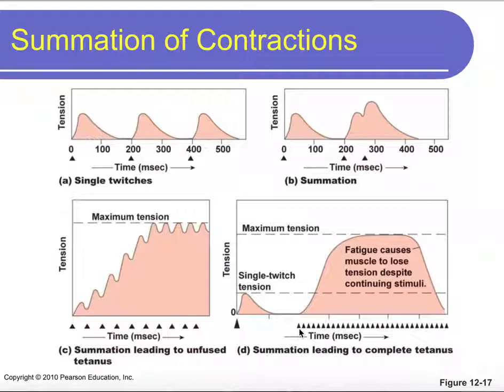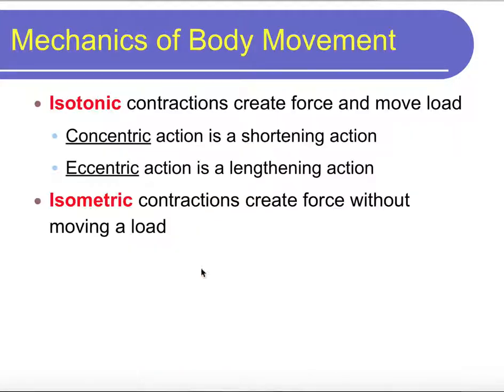Here we are stimulating our muscles at a frequency so quick that the contractions are essentially sticking together, and so we are able to produce a nice smooth contraction. Over here, notice the stimuli are a little bit further apart, and so our muscles relax a little bit in between, and that's why we have an unfused tetanus here.